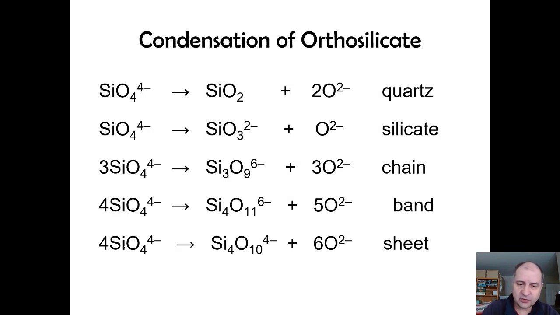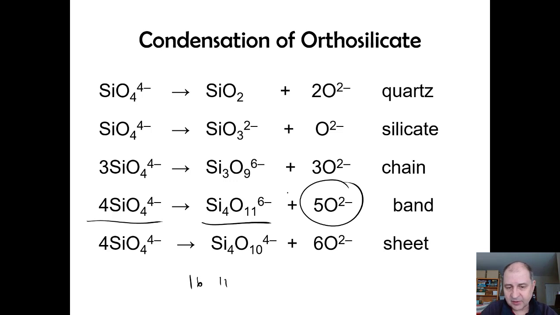So all you have to do is, if you're making 4 centers, you just need 4 of the discrete silicate anions, and then obviously you do your math. If you went from 16 to 11, you should be able to predict the reaction for this. As long as you know what the product is, you should be able to come up with a reaction and the correct number of oxygens.